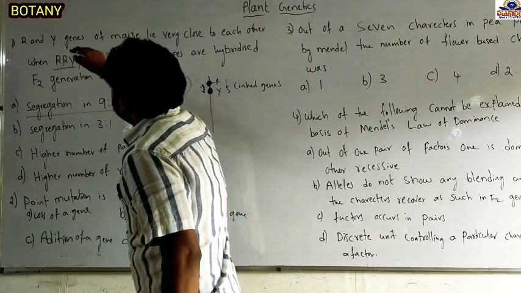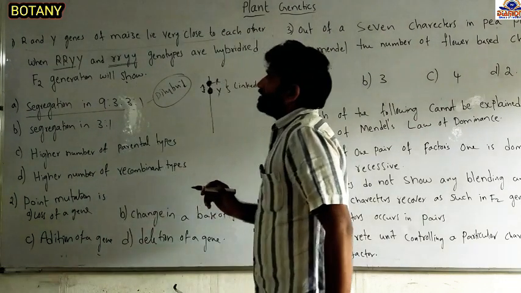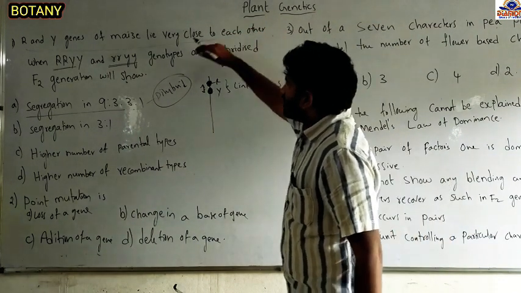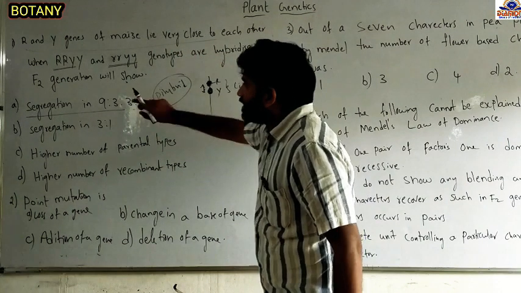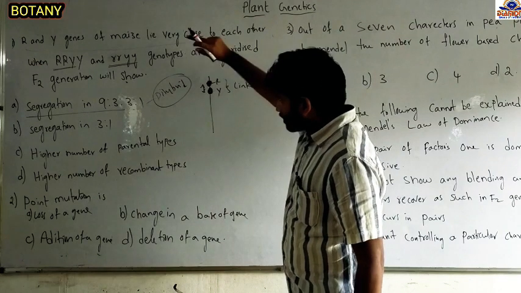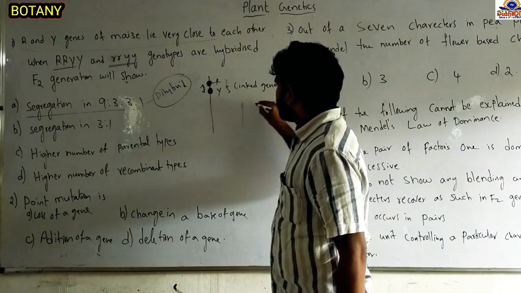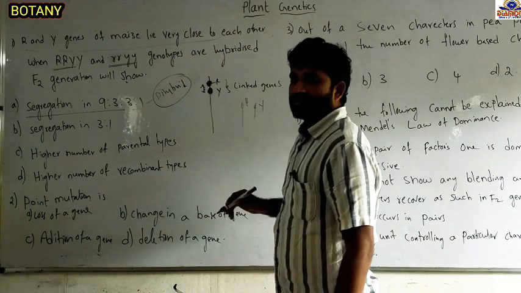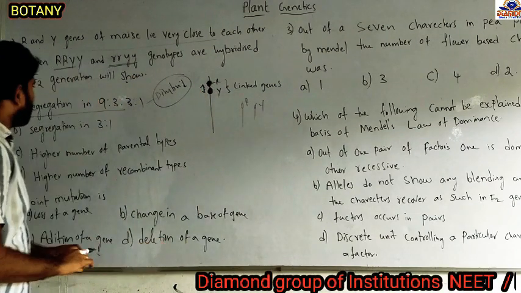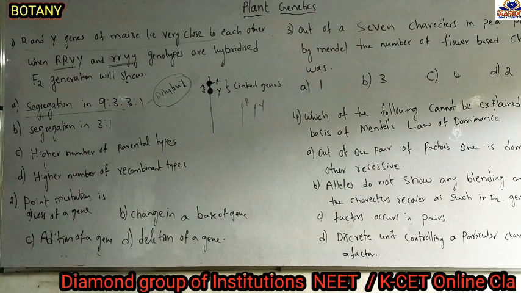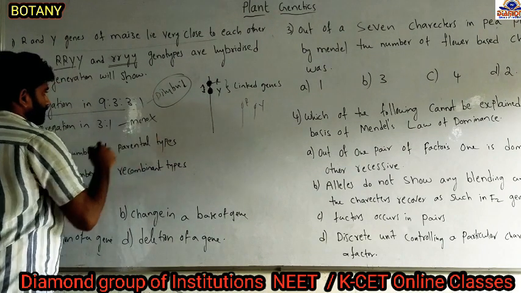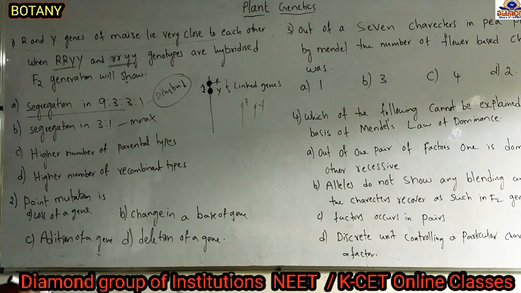If the line about the genes being on the same chromosome was not given, we could consider this a dihybrid cross, and 9:3:3:1 segregation would not be affected, because the genes are on different chromosomes and separate easily. But with linkage and recombination, the genes are present on the same chromosome. Option B, segregation 3:1, belongs to the monohybrid cross, so it is not related. Higher recombination of parental types is the other option.